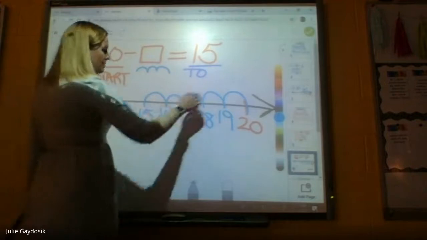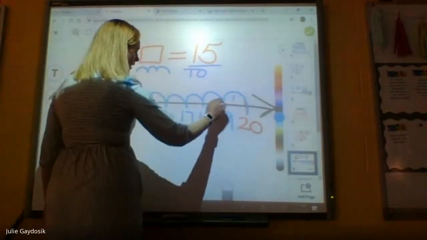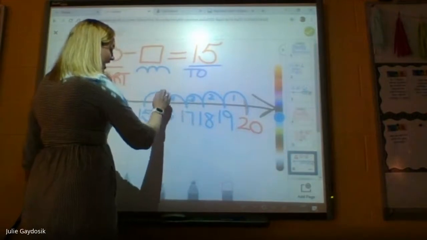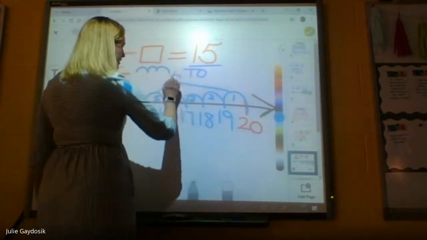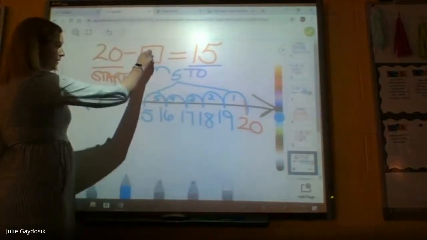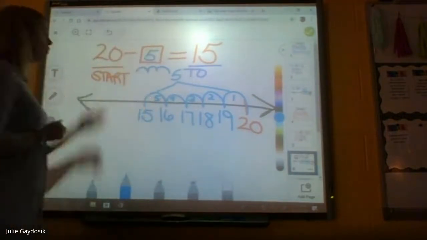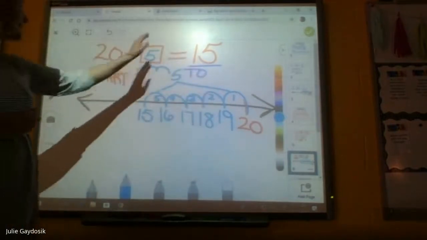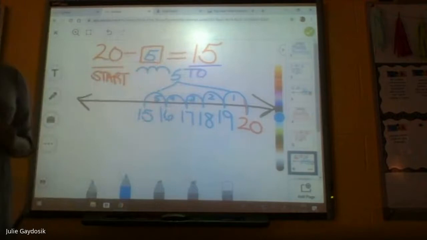Now we want to see how many hops we took. 1, 2, 3, 4, 5. So it took 5 hops, which is what I'm looking for, to get from 20 minus unknown equals 15. So 20 minus 5 equals 15. That is exactly how you solve that problem.